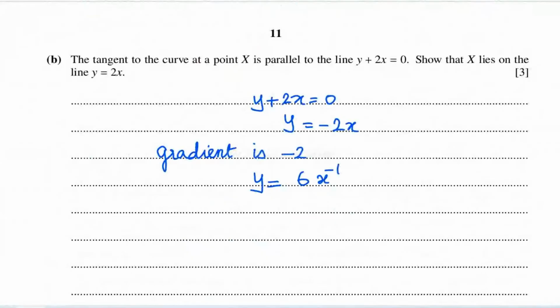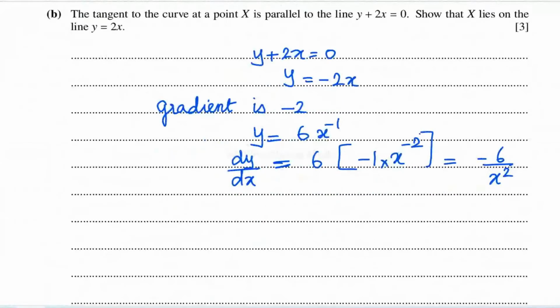Let's find out gradient from this, which is dy by dx, 6 multiplied by minus 1 multiplied by x power minus 2, which is equal to minus 6 divided by x square.